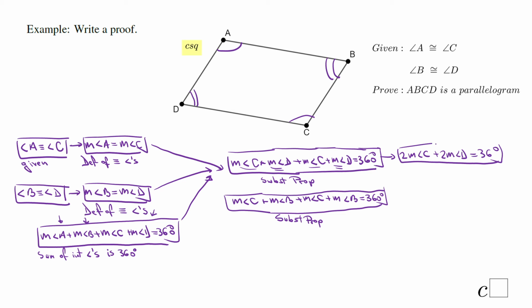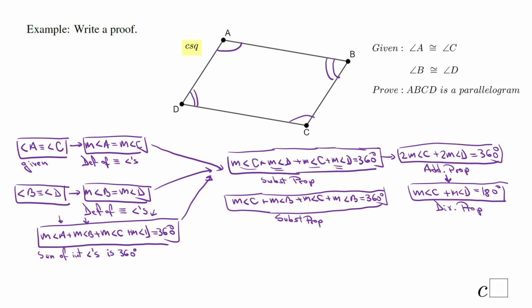So I'm going to write here addition property of equality. Then I can do a division by 2, and I'm going to have the measure of angle C plus the measure of angle D. Oops, this one was 360, it will be 180 degrees because I divide by 2. And I'm going to write here division property.